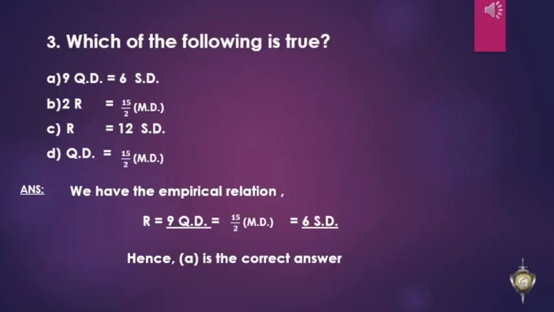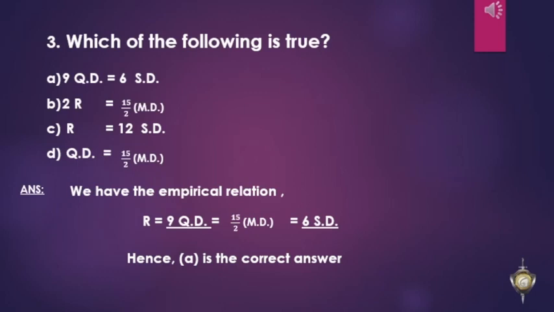Next question. Which of the following is true? First option, 9 times quartile deviation is equal to 6 times standard deviation. Second option, 2 times range equal to 15 by 2 times mean deviation. Third option, range equal to 12 times standard deviation.